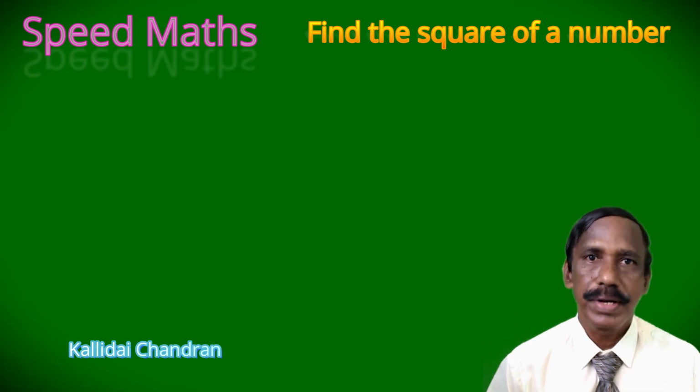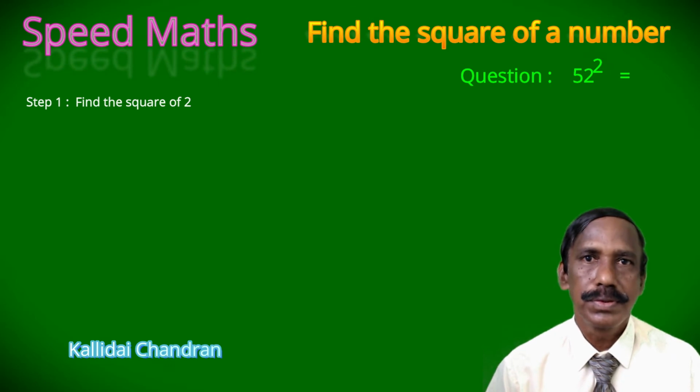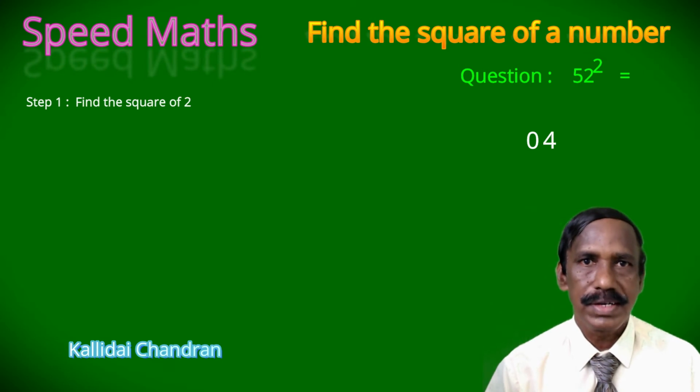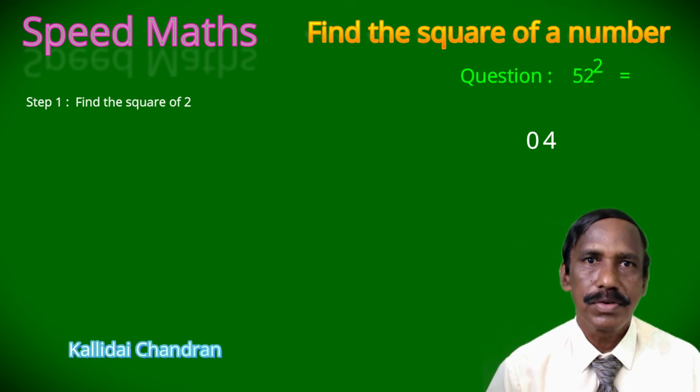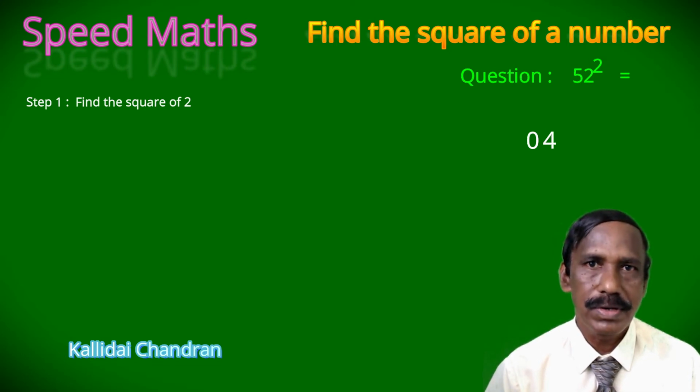We have to find the square of 52. Now find the square of 2. 2 square is 4. Whenever the ones digit has 1, 2 or 3, then in such cases we have to add 0 before that. 1 square is 1, so we have to add 0 before that and write it as 01. 2 square is 4, so we have to add 0 before that and write it as 04. 3 square is 9, so we have to add 0 before that and write it as 09.